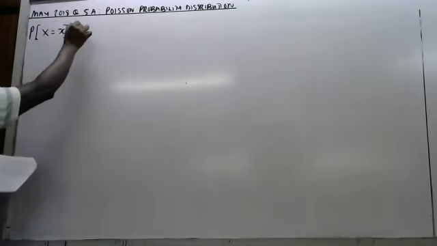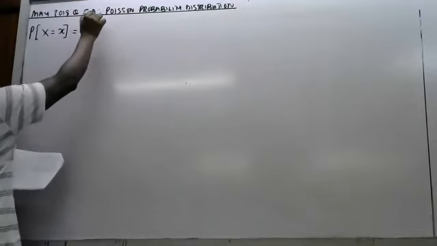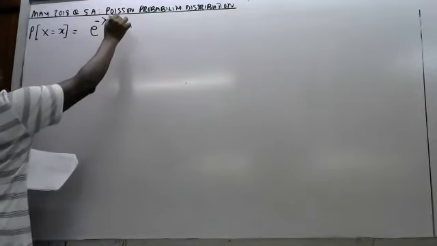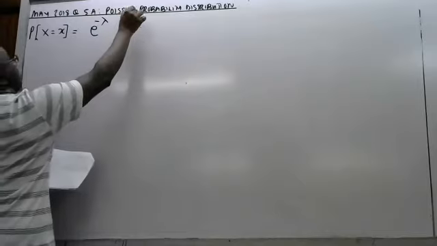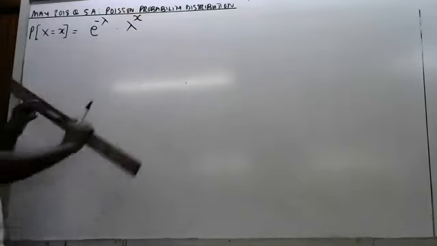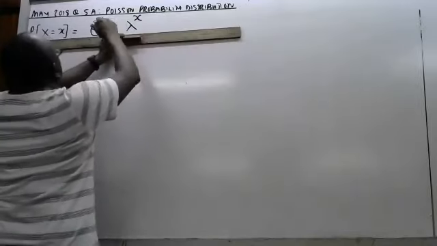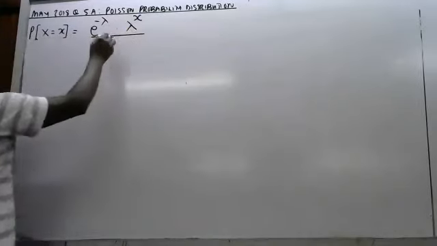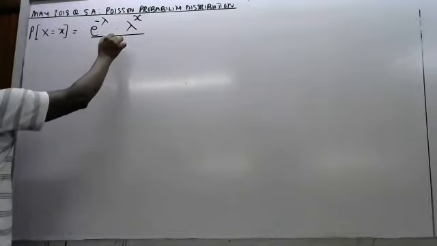So the formula for Poisson: the probability that X is equal to x is given as e raised to minus lambda, times lambda raised to power x, you divide by x factorial.